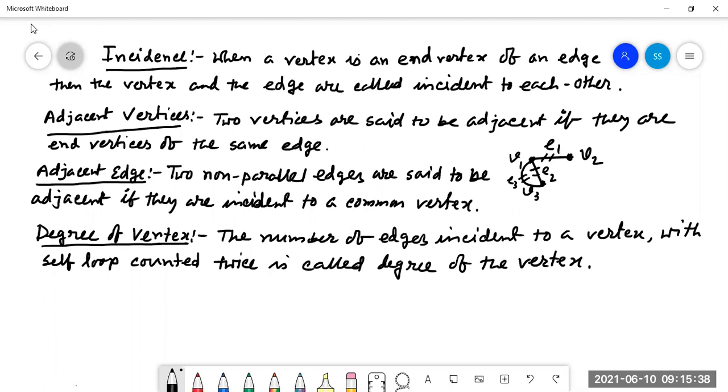Is it clear? It is denoted by degree of Vi, whichever vertex is given. This degree of vertex is clear to everybody?